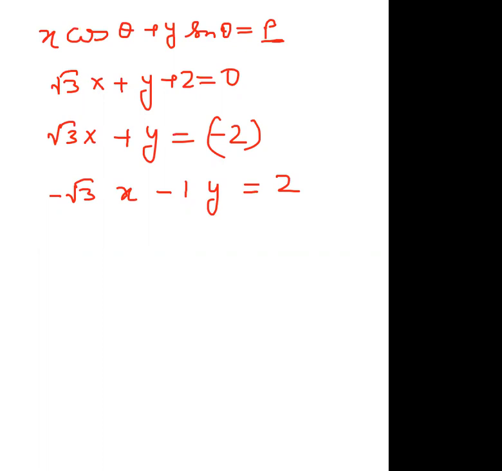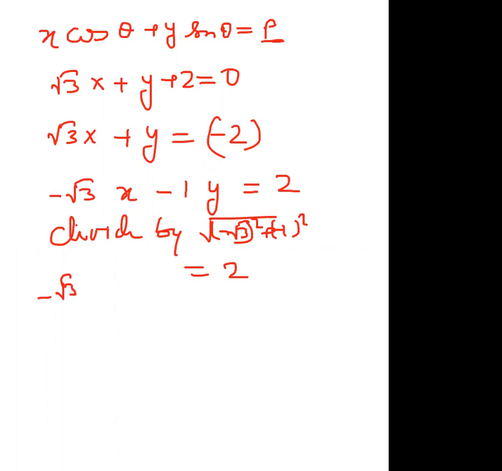Now to convert it into sine theta and cos theta, or at the time when I was teaching you, I said sine omega and cos omega, we need to divide by under root a square plus b square. So divide by the square root of minus root 3 whole square plus minus 1 whole square. That comes 2. So dividing by 2, it will become minus root 3 by 2 x minus 1 upon 2 y equals 2.